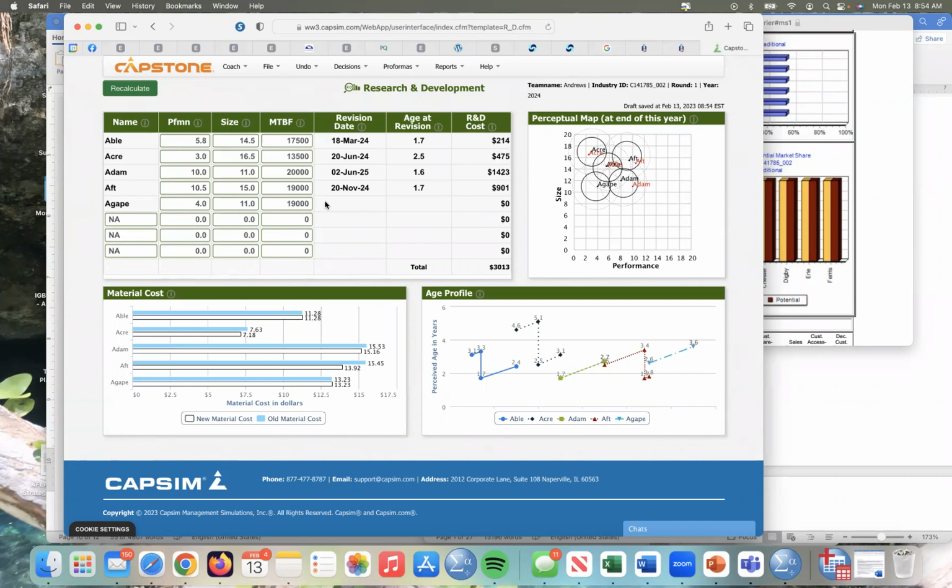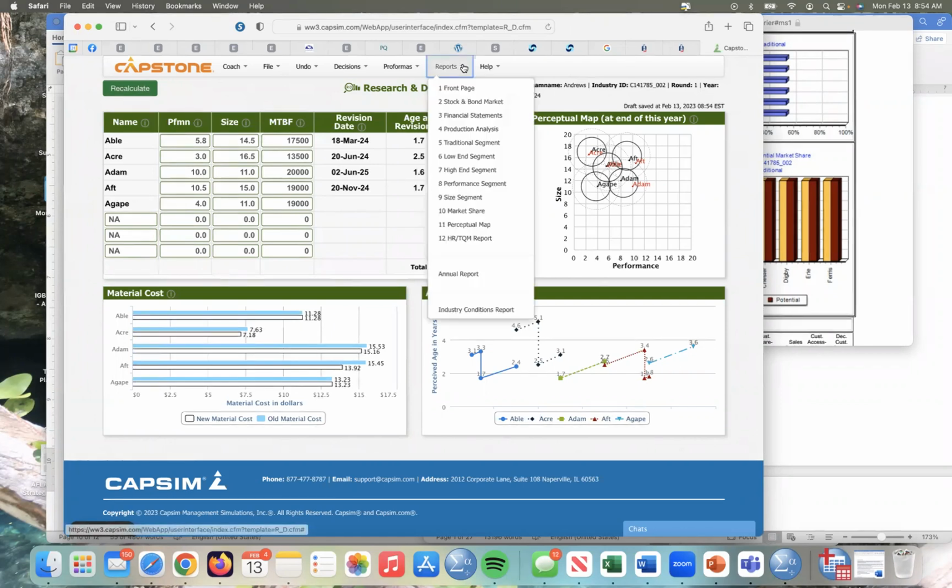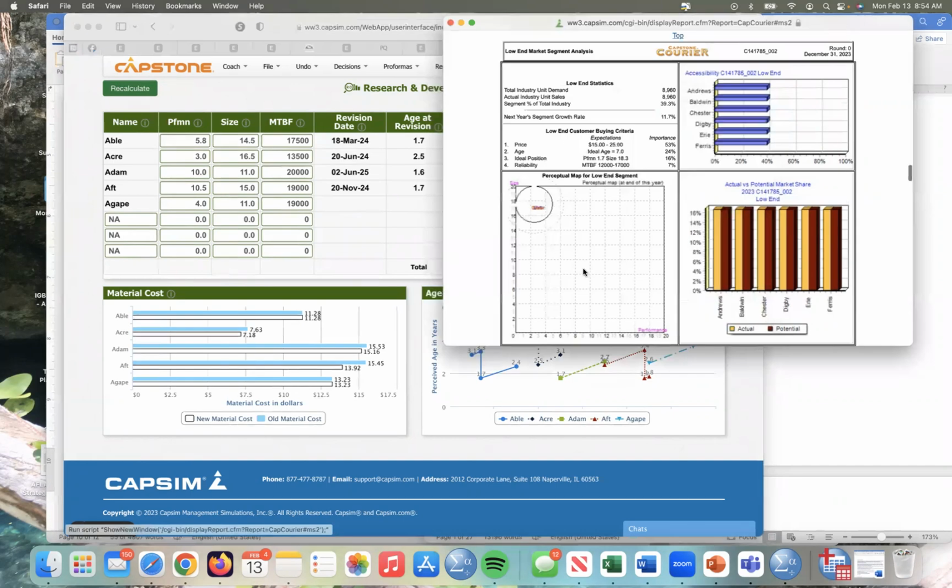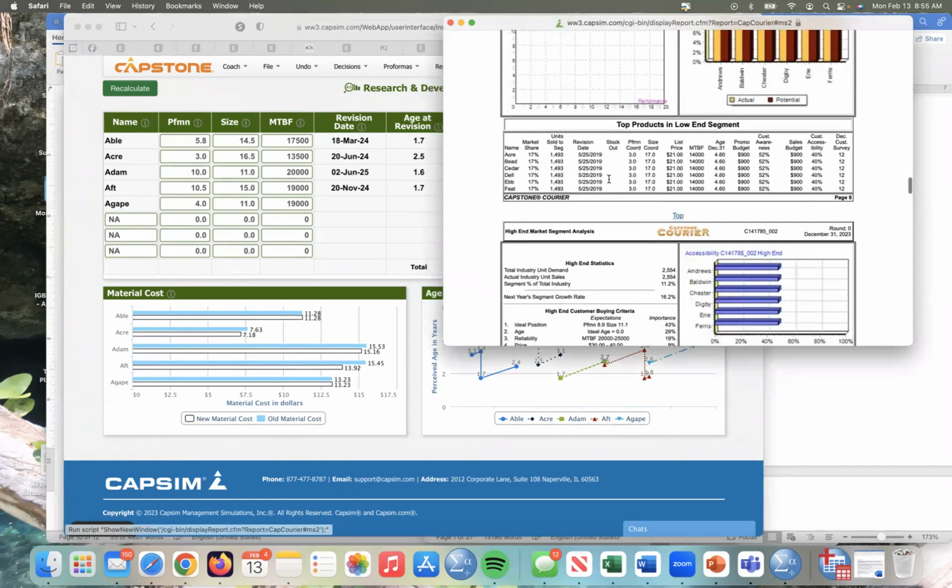So if I look back, let me go back to my reports and my front page reports. Let's go to low end segment. All right, let's look at where we were. We were at an MTBF of 14,3 and 17 on the size.